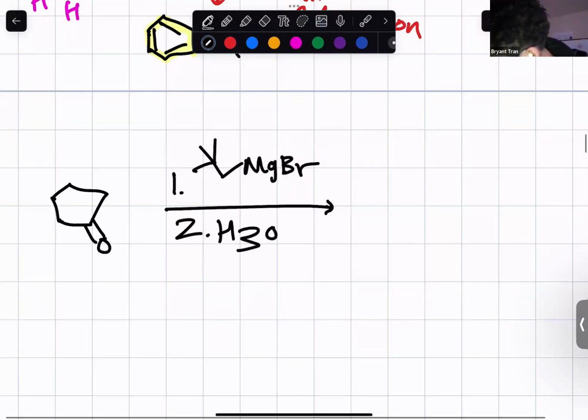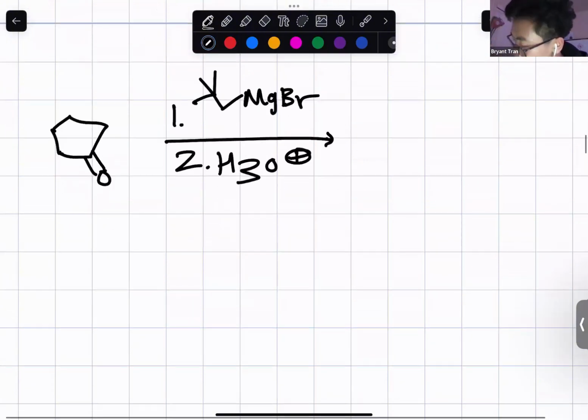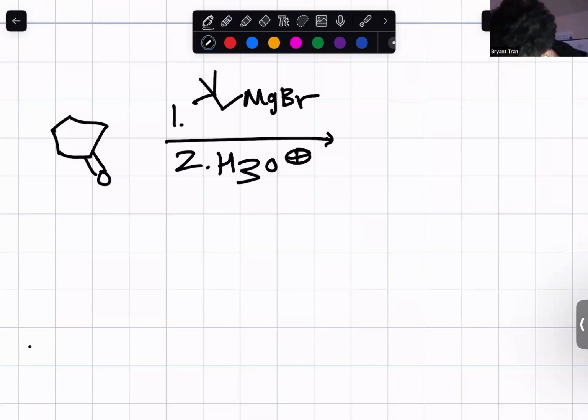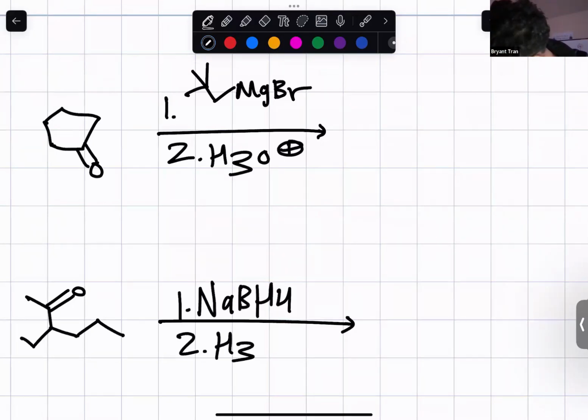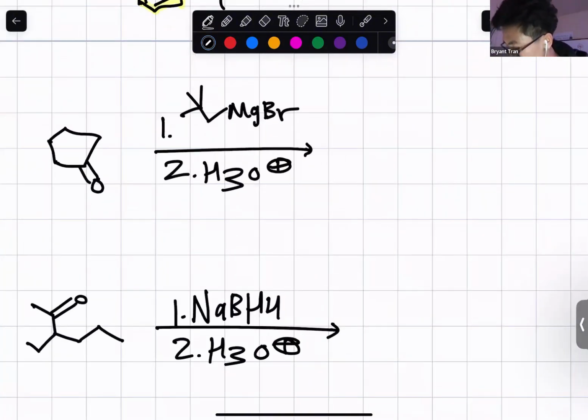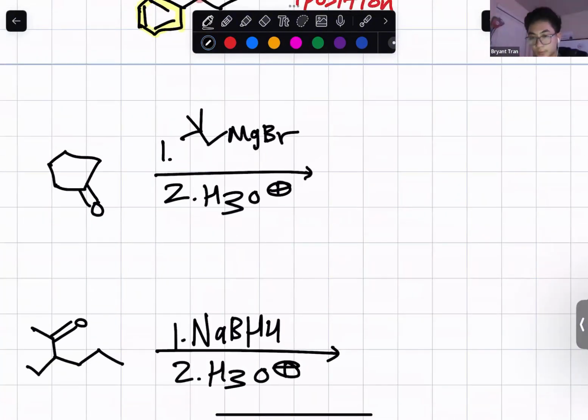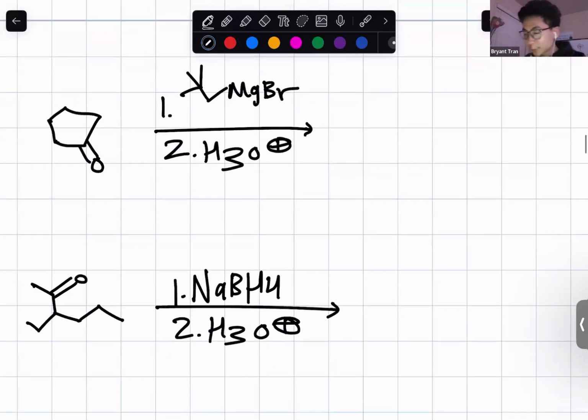Okay, I want you guys to predict the product and also draw out the mechanism just for practice. Okay, let's do these two problems here. Try this out. When you guys have it, you can send it to me on Zoom and then I could check your work.